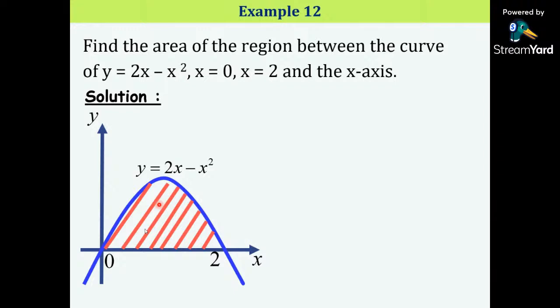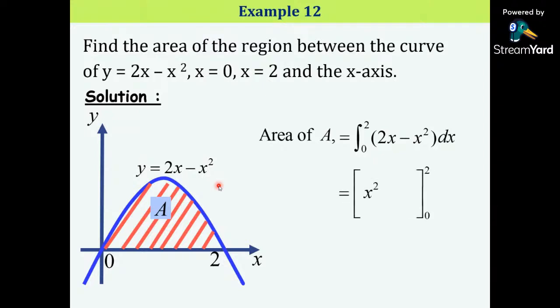Okay, we will shade the region and we are now ready to write down the formula for area. So the limit of integration will be from 0 until 2, and the function will just be 2x minus x squared. And then we just integrate as it is, applying the definite integral rules, and we will get the result.